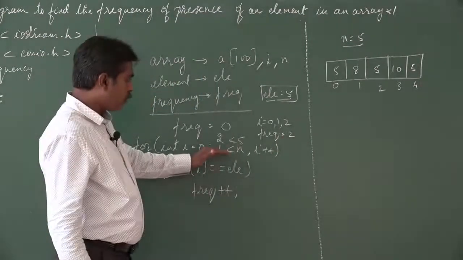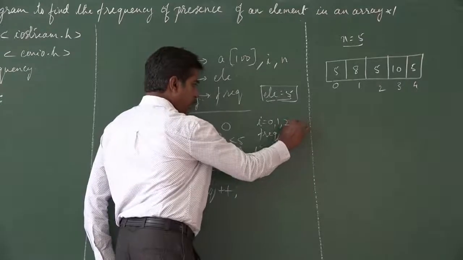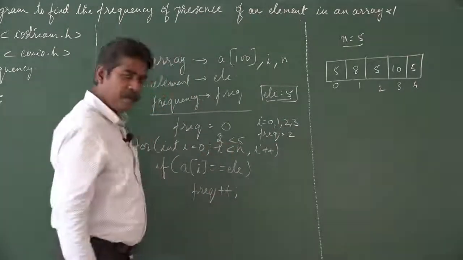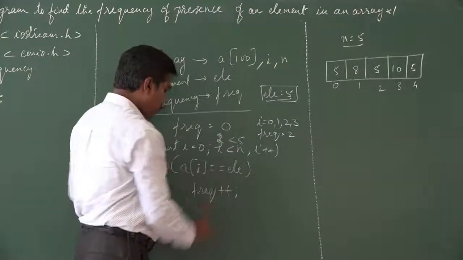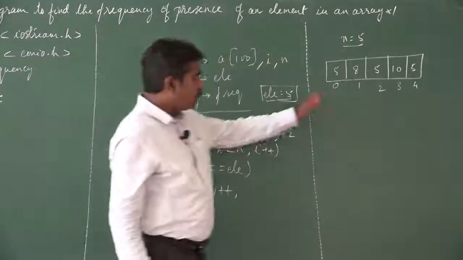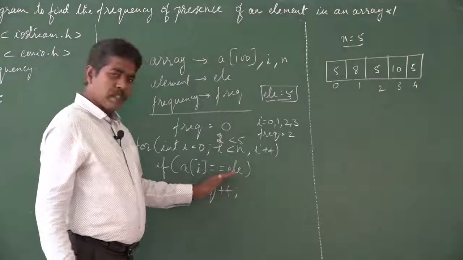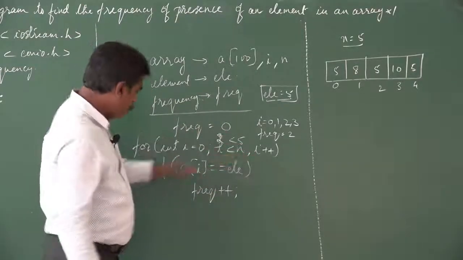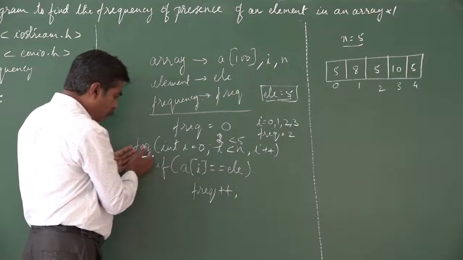Next, I increments to 3, then 3 less than 5, true, then enters inside. A of 3 is 10, 10 equals 5 is false, it doesn't enter, rather the control comes back. You know the for loop is there and the body of the loop will be this.